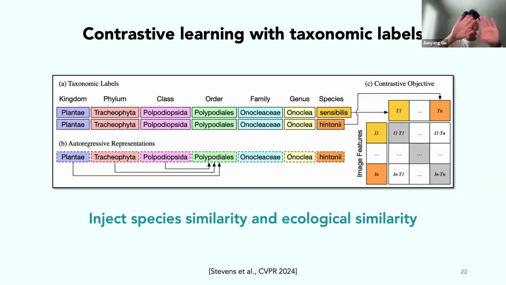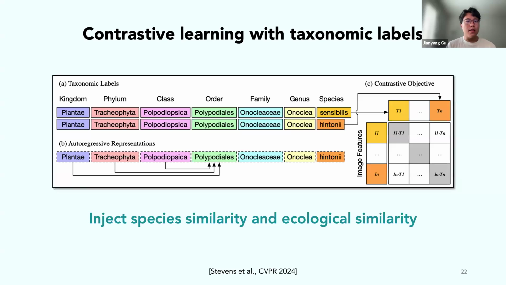In this way, we are organizing this whole embedding space, this whole representation space, and we can organize similar species together in the embedding space, because their text embeddings are inherently close. This objective was first proposed in the first version of BioClip, and here we demonstrate that it not only represents species similarity, but also the ecological similarity.